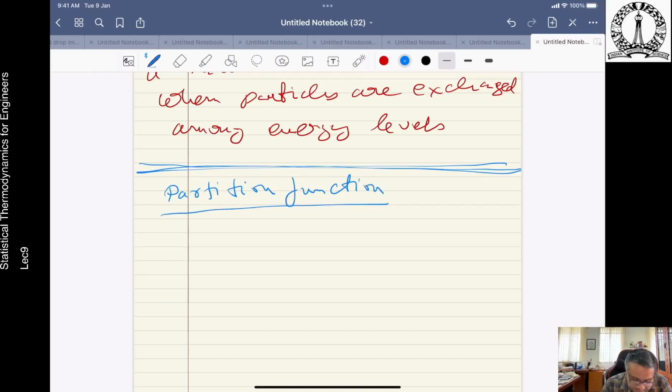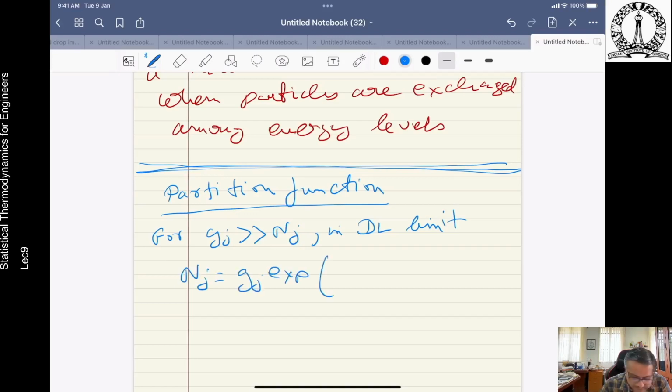Once again, for Gj much greater than Nj in the dilute limit, Nj is equal to Gj exponential of mu minus Ej divided by Kt.